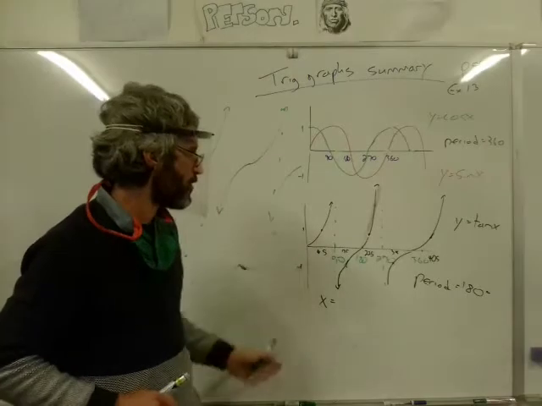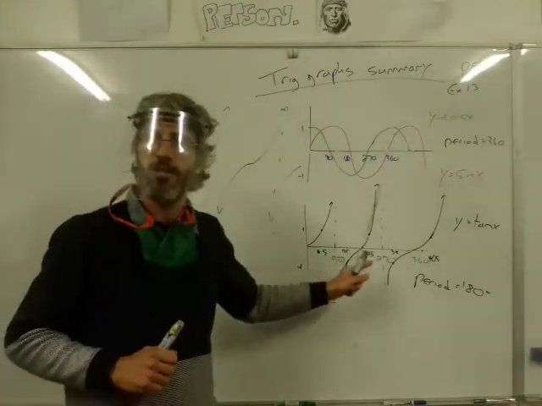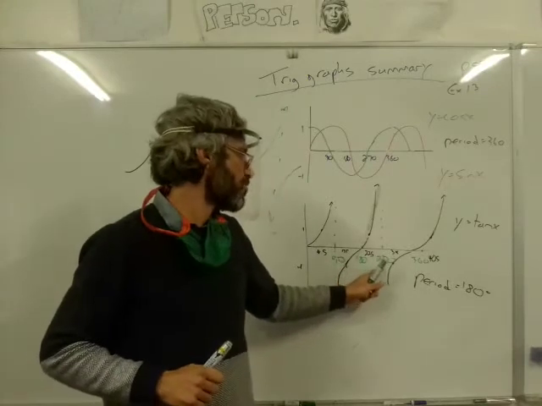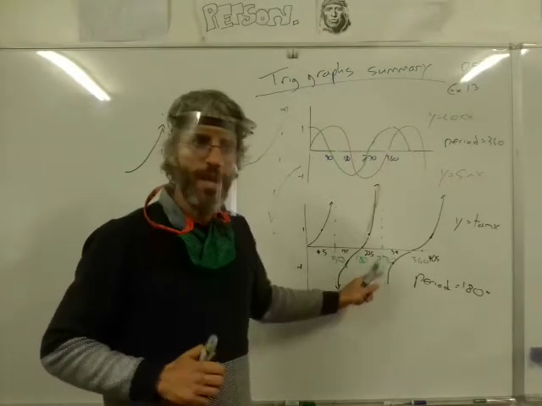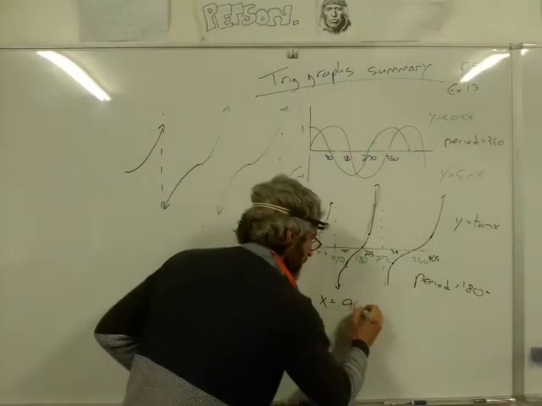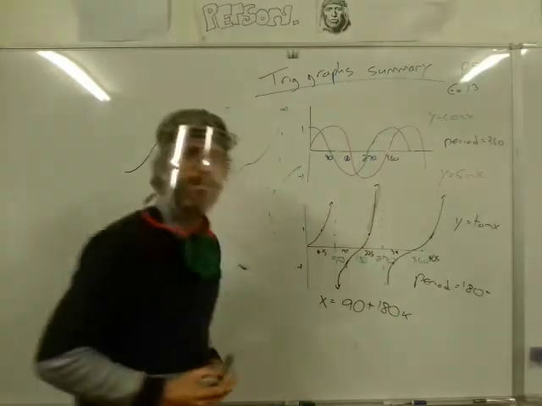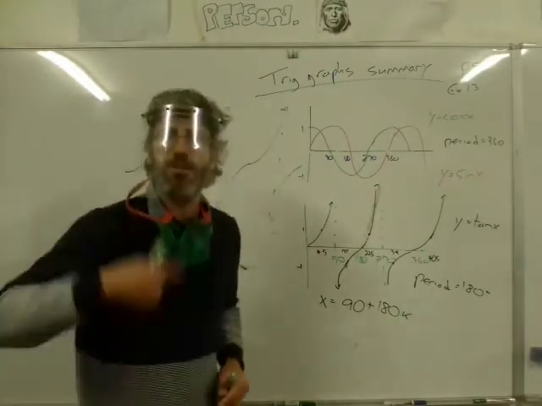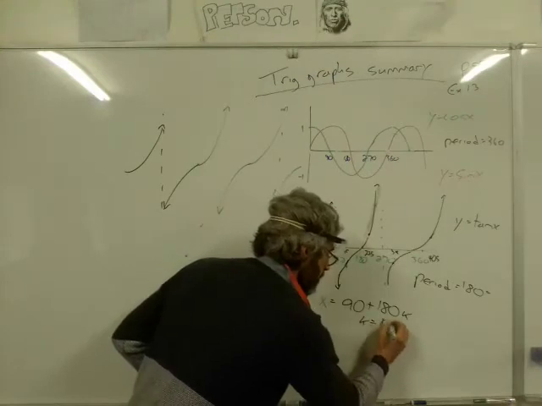Where do we see these vertical asymptotes? 90 and 270. The next one, do you think, will be at 540? In other words, it's 90 degrees plus 180k. So I'll keep on adding 180. K is basically an integer: 0, 1, 2, 3.